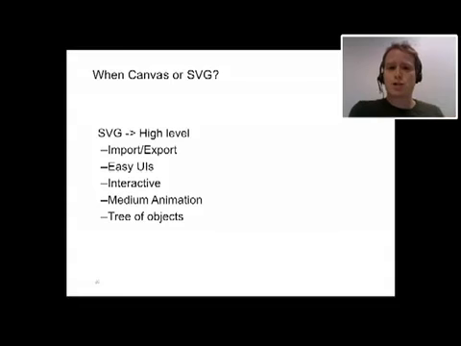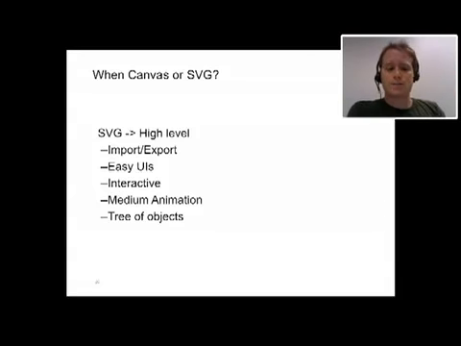You can load it into Illustrator or Inkscape. Use it whenever you want to create easy user interfaces, because SVG is a retained mode API, which means there's a tree of everything that you've added to the screen. So it's really easy to do hit detection and add events to things, because you can just add your listeners somewhere in the tree. It's interactive, it's good for medium animation, and it gives you a tree of objects.